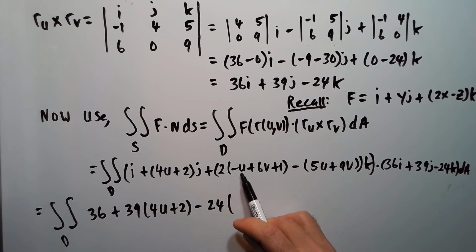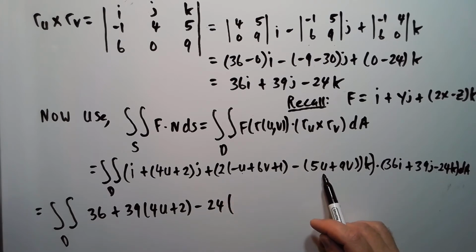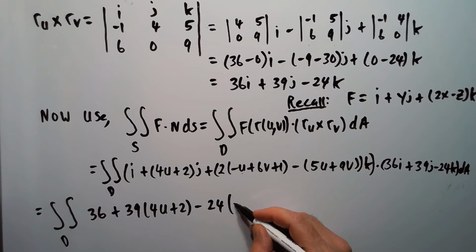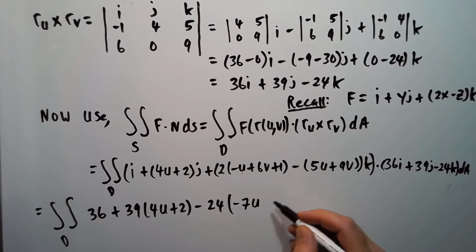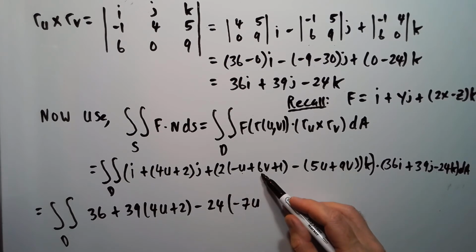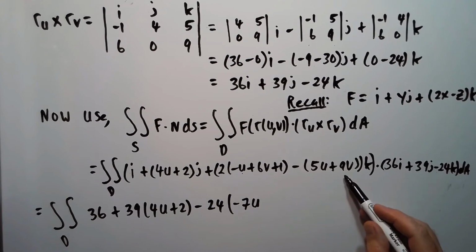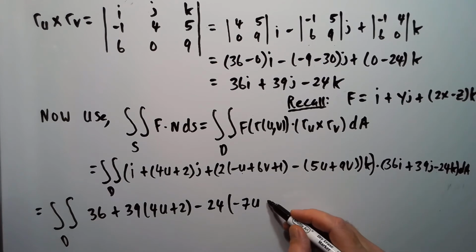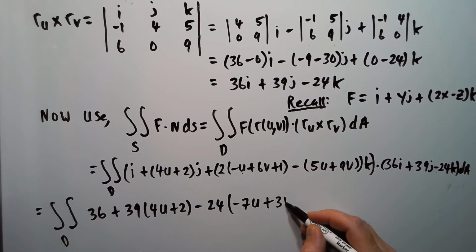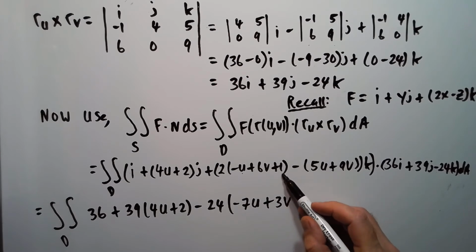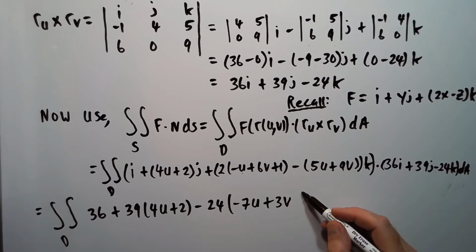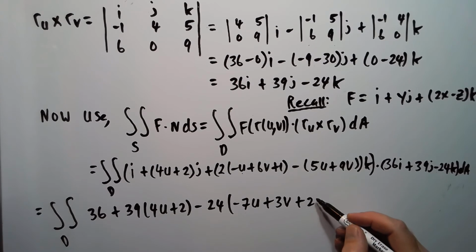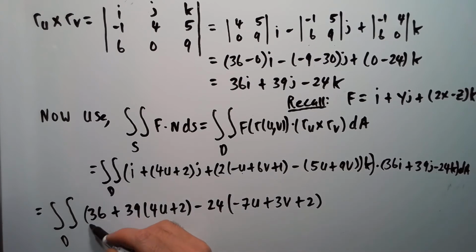It'll be minus 2u minus 5u, so minus 7u. That'll be 2 times 12v minus 9v, so plus 3v. And then plus 2, dA.